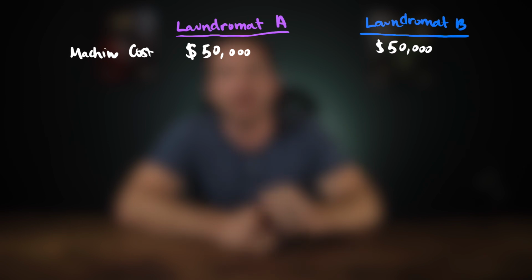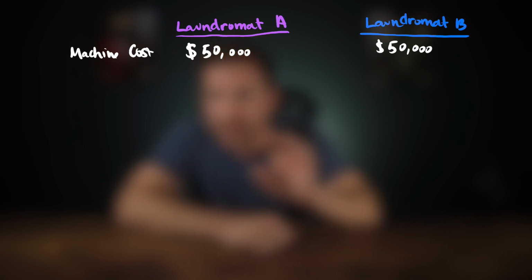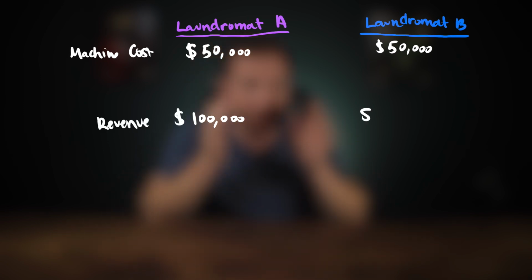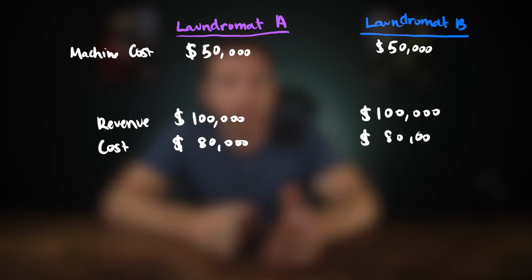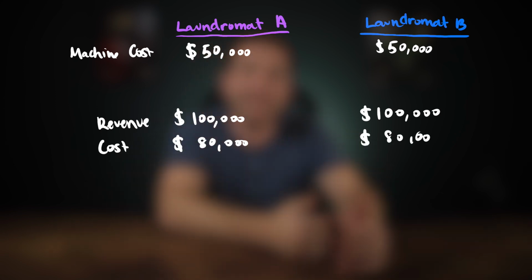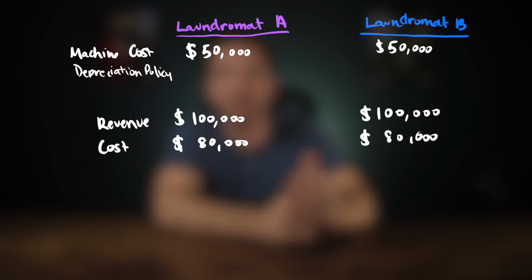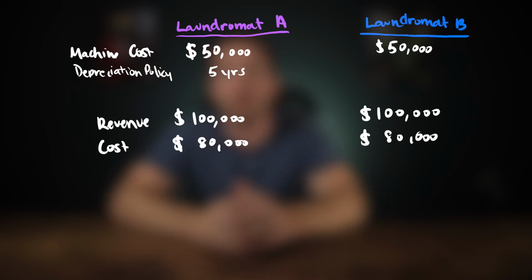Another reason depreciation can confuse a profitability analysis is because depreciation policies can differ from company to company. For example, let's say we are looking at 2 laundromats who bought their machines on the same day and started operations on the same day. They both have the same revenues and costs, the only difference being that Laundromat A has a policy to depreciate their machines over 5 years, while Laundromat B has a policy to depreciate their machines over 7 years.